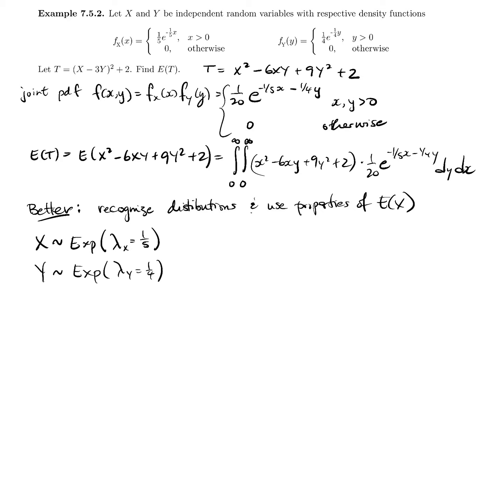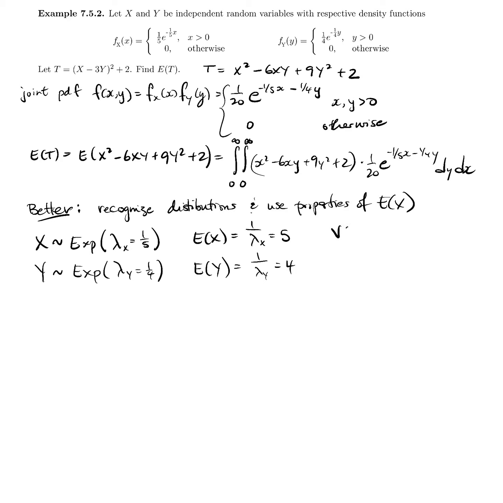So now we know things about the exponential random variable. We reviewed them in a previous section. We know, first of all, the expected value. The expected value of an exponential random variable is 1 over the lambda, and so 1 over 1/5 is 5, which means that the expected value of Y is 1 over its lambda, 1 over 1/4 is 4.